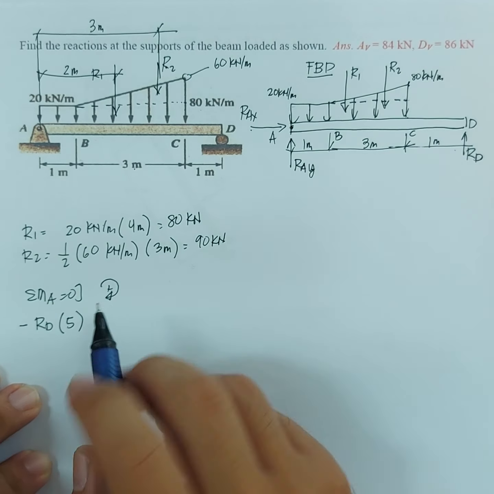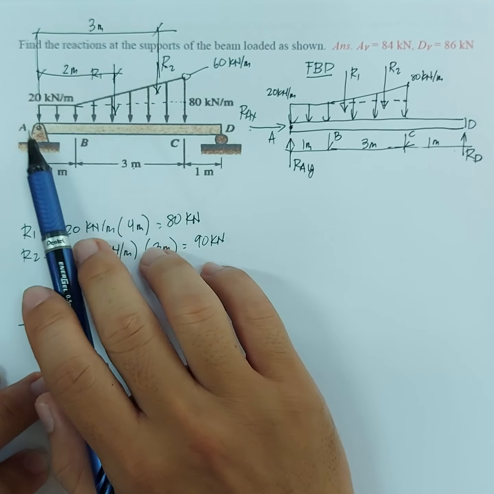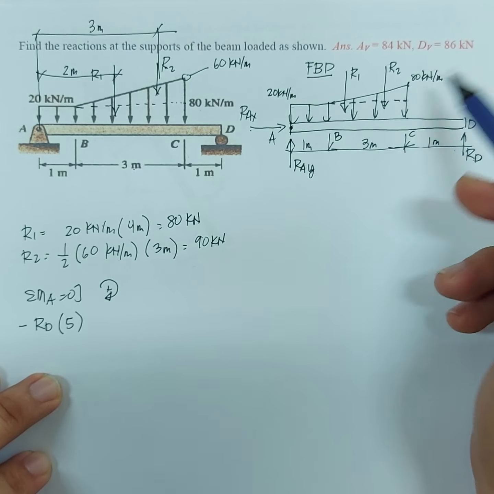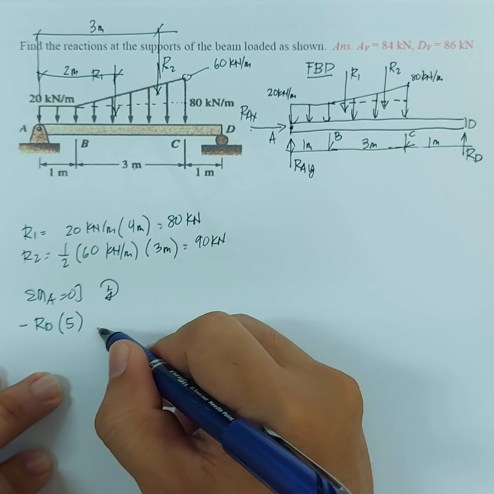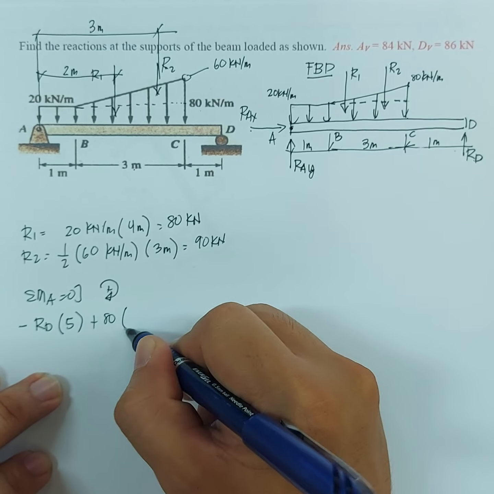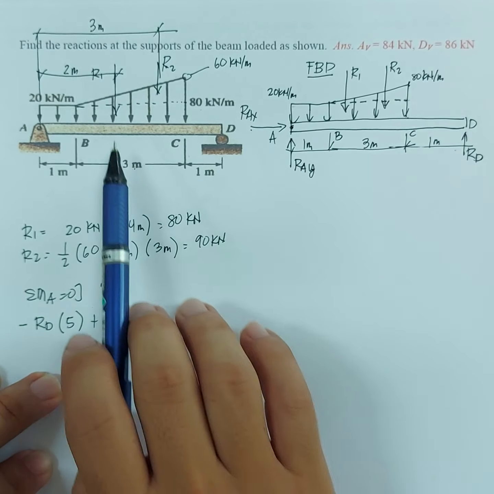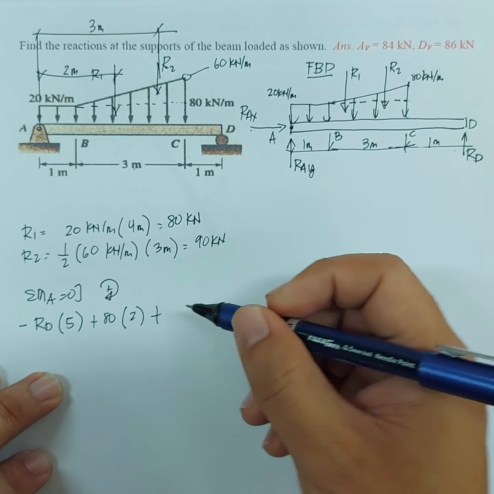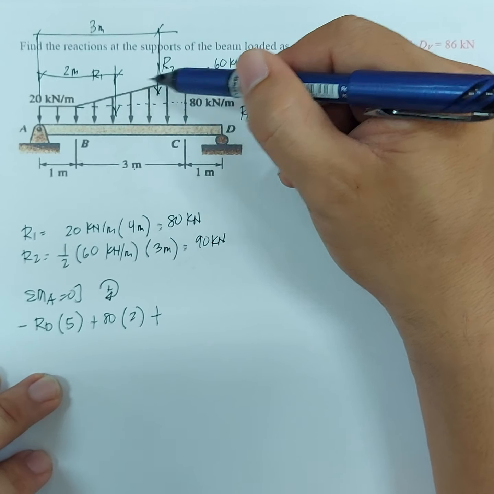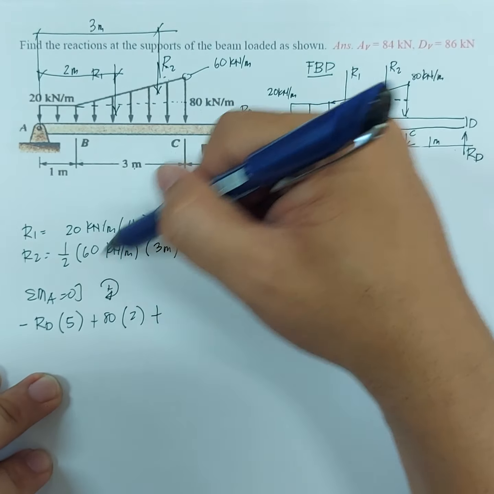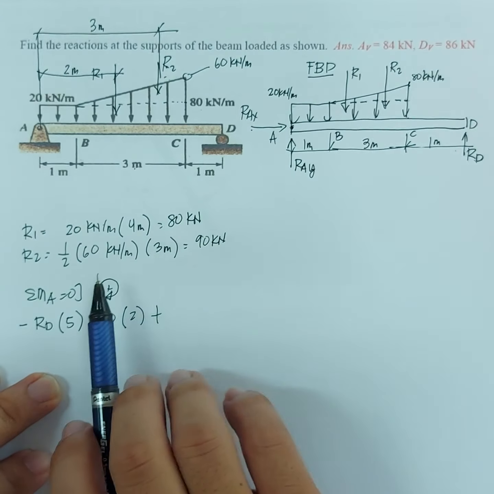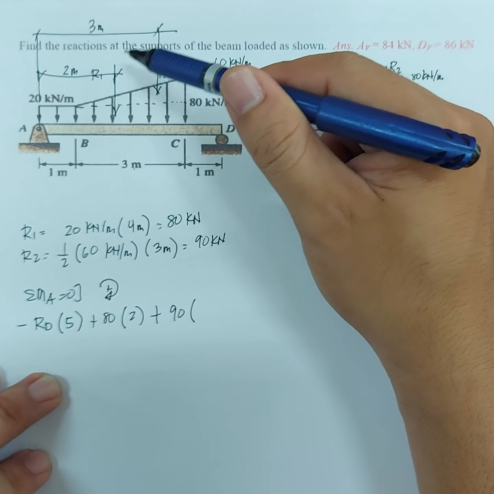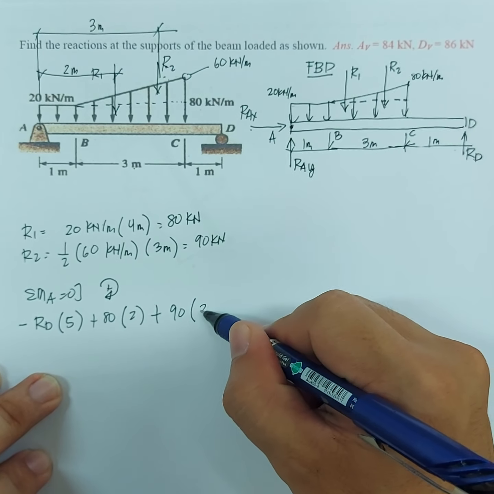Okay. Ano pa ba? Yung moment ng R1 about A. So, R1 creates a clockwise moment about A. So, R1 kanina is plus 80 times moment arm ng R1 relative to point A. That is 2 meters. Plus, kasi clockwise yung moment ng R2 about A. So, R2 is 90 kilonewtons times moment arm niya is 3 meters.